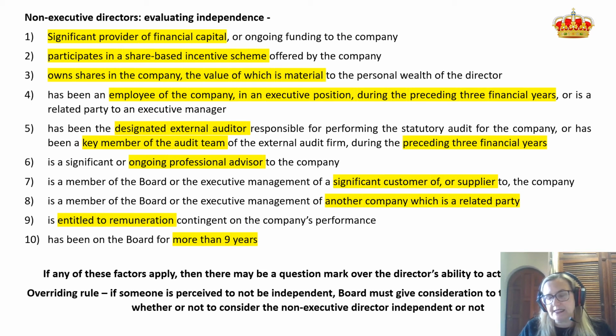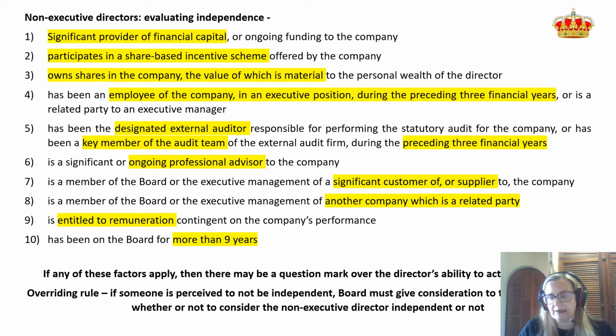So these recommendations come from King. If you are a significant provider of capital, so if you are a funder of the business, or you participate in a share incentive scheme offered by the company, or you own shares in the company to an extent that is of material value to you.